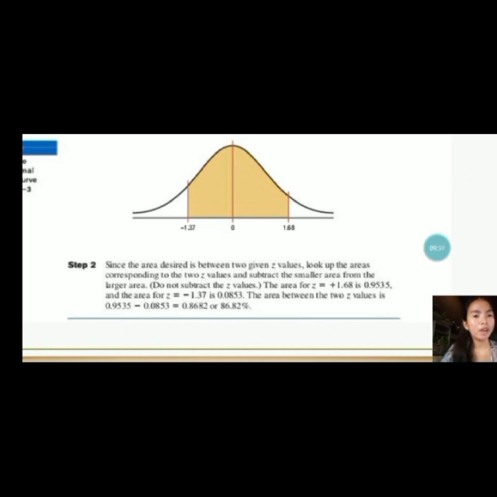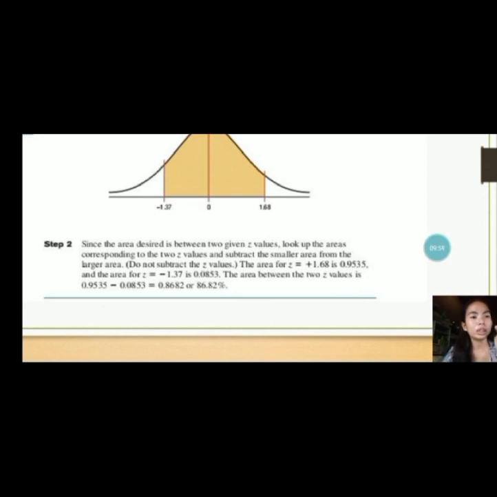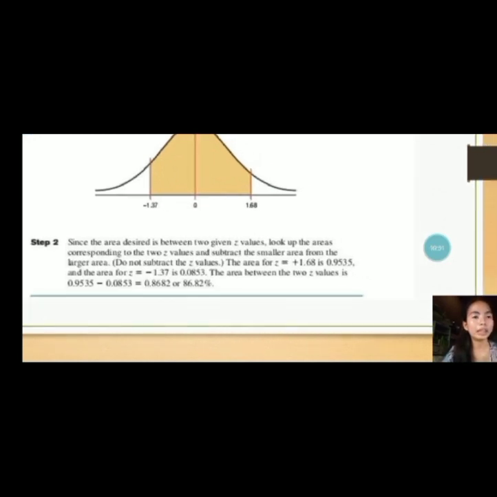Dili ni i-minus ang positive 1.68 ug ang negative 1.37. Kung saan ni mga equivalent sa 1.68. So, 1.6 ug ang 0.8. Ang answer niya is 0.9535.